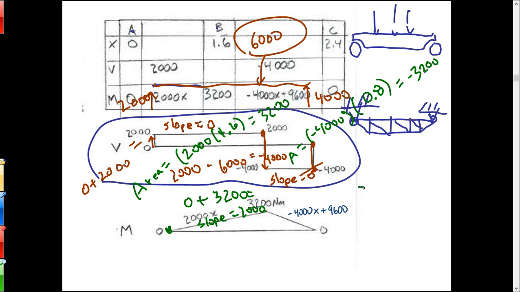Once you're at 3,200, then you go down by this second area right here, down by 3,200. And that gets you to 0. And the slope of this next line is the value of the shear, and that's negative 4,000. Okay? Gets you back down to 0.